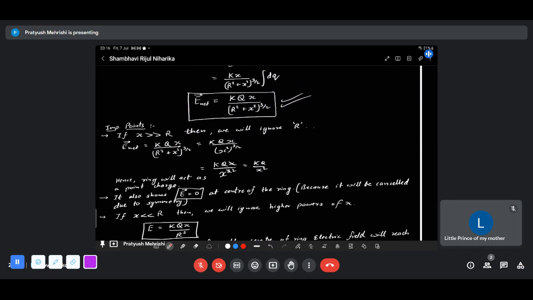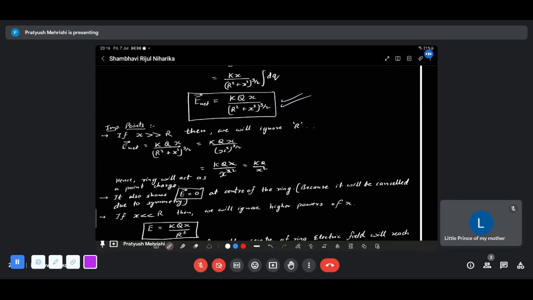That 1 by 2 and 2 will cancel out, only x cube will remain. Ultimately, we are getting kQ by x square. Got it now? Only kQ by x square will remain.